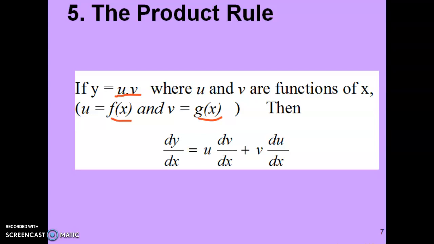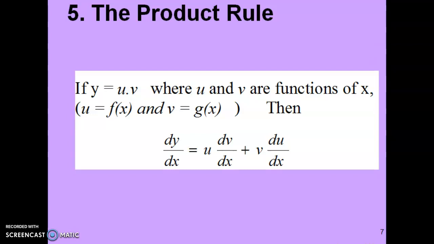Remember, u is f of x. u here stayed the same, and then we differentiated v. Then we added v, now staying the same, and then we differentiate u. It's as simple as that. You just apply this rule, then you get your desired results.